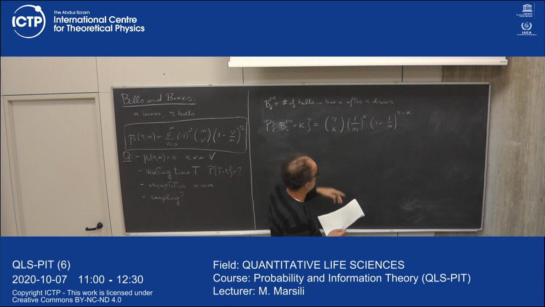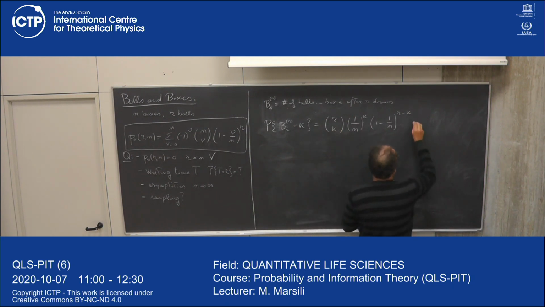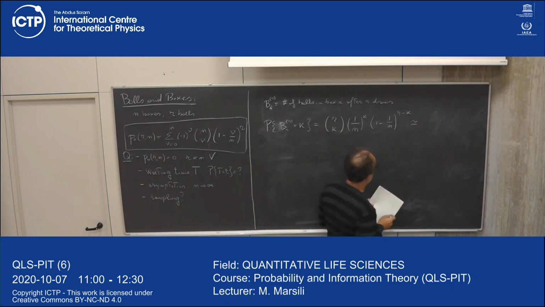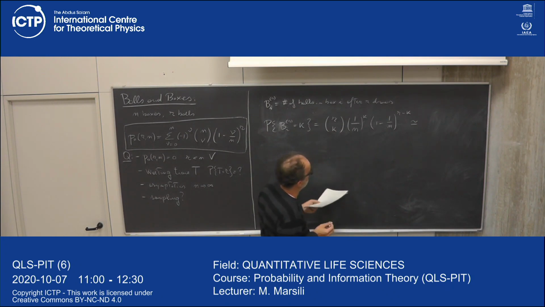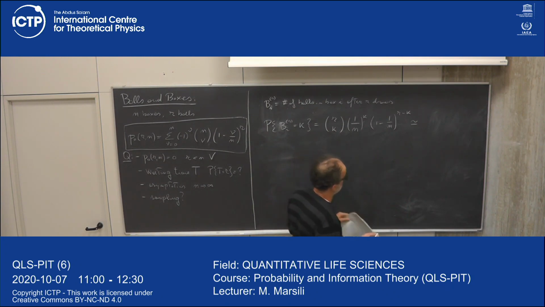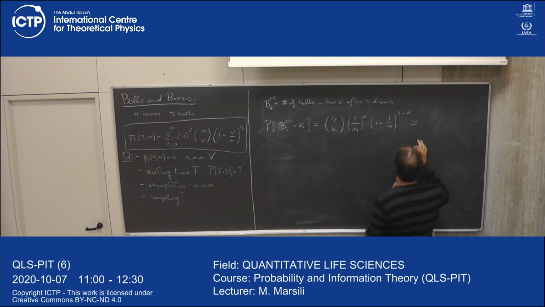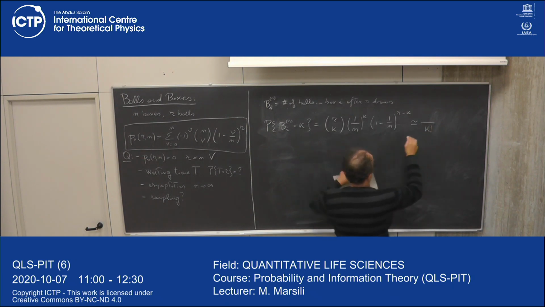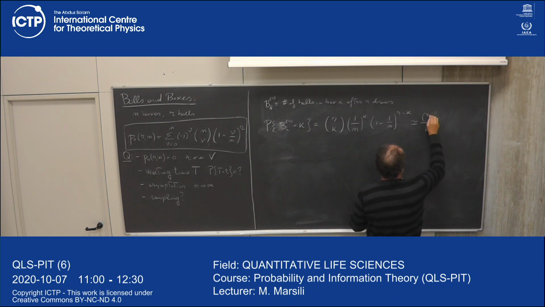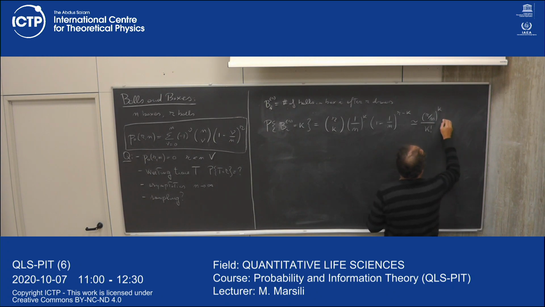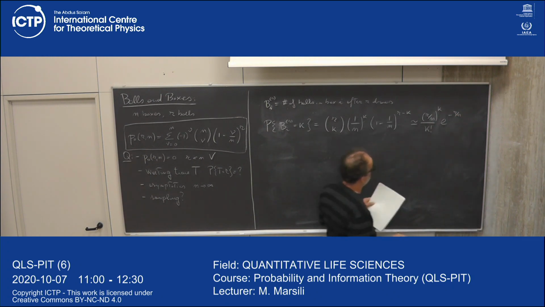So we know that this probability is asymptotically well approximated by a Poisson distribution, where essentially the mean is just the number of balls divided by n, the number of balls per box, times e to the minus R divided by n.